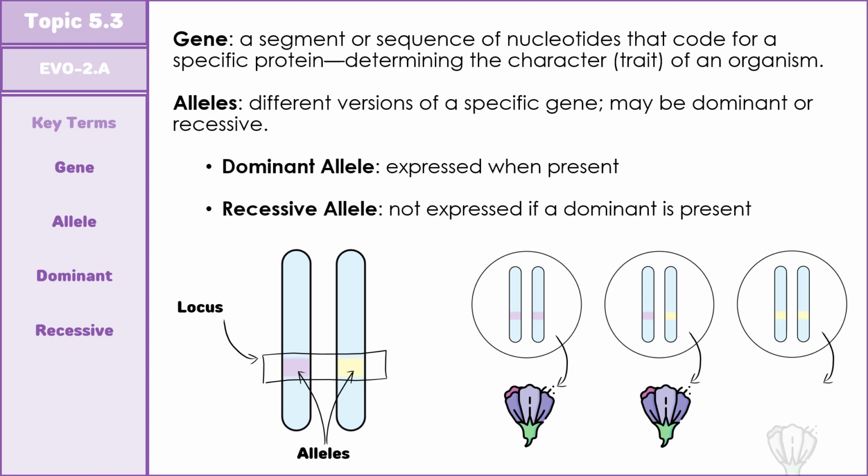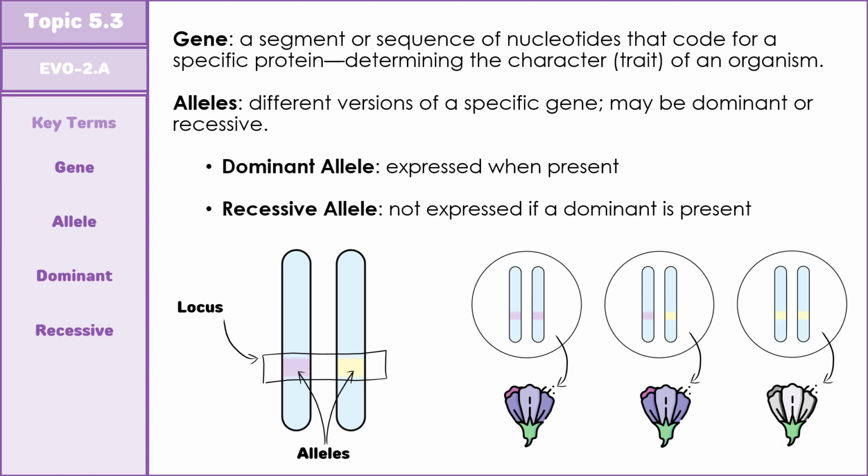So here we have a couple of different flower colors, the purple in this case being our dominant trait because it is expressed when that allele is present, and we only get that white flower color if the dominant is not present.